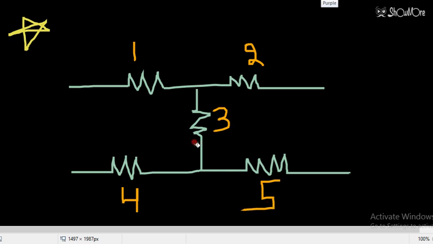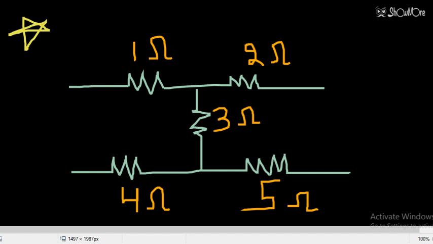So the value of different resistances I have taken, it is 1 ohm, it is 2 ohm, it is 3 ohm, it is 4 ohm, and it is 5 ohm.